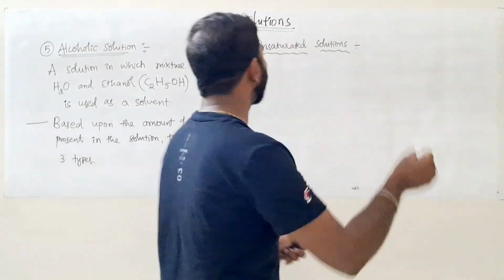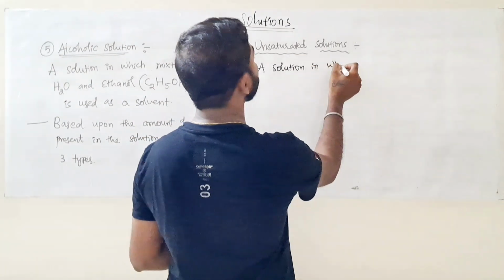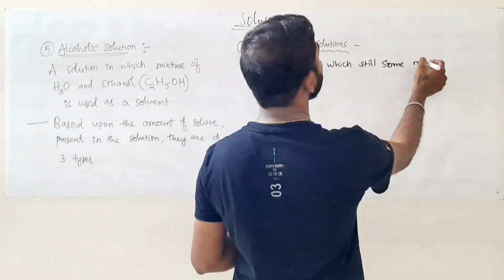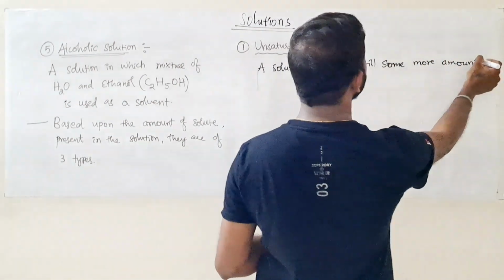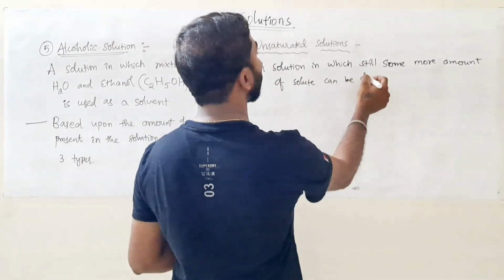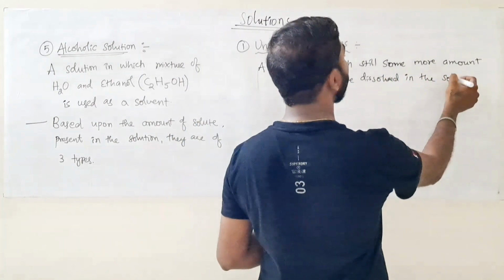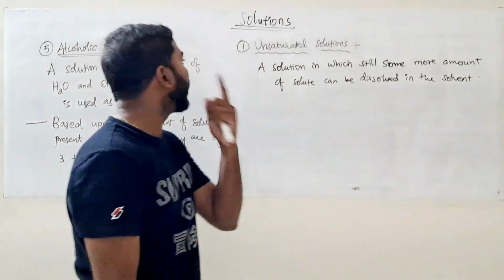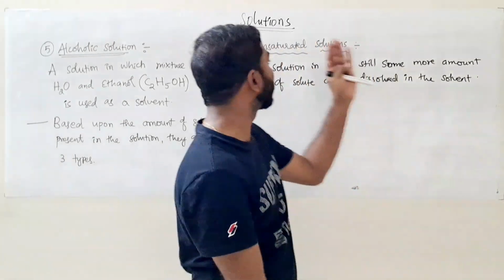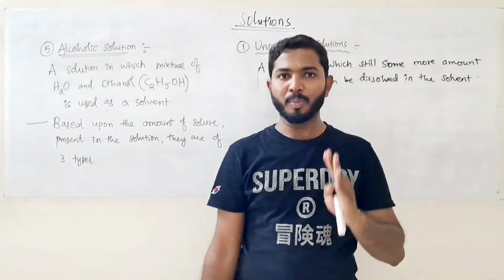Let me write it down: a solution in which still some more amount of solute can be dissolved in the solvent is called an unsaturated solution.